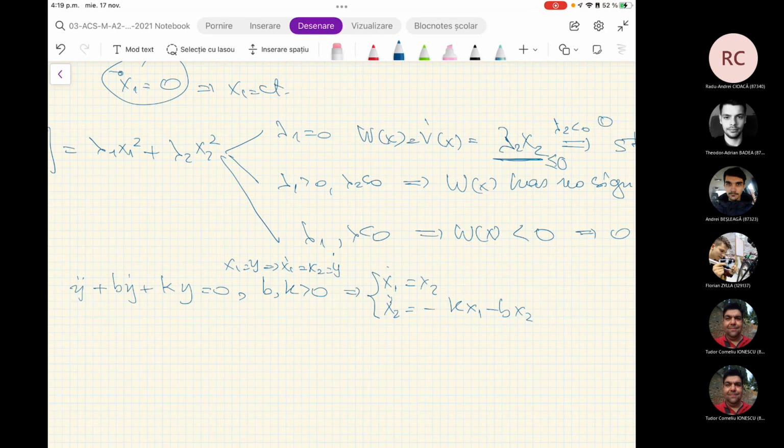And the energy here is half, the mass is 1, so x2 squared plus k x1 squared, from the elastic force. This is the potential energy, kinetic and potential.